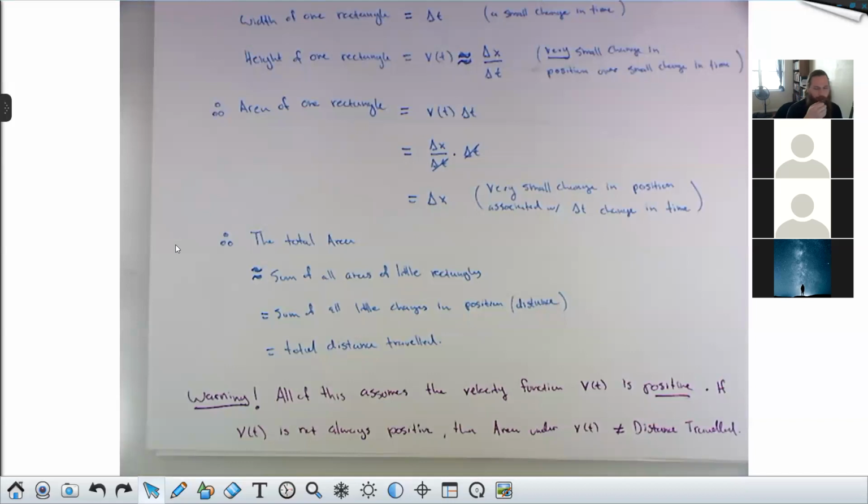And if you tried to apply this technique to that velocity function, you would get zero out. And so certainly that doesn't make sense, right? If I go somewhere and come back, I have traveled a definite distance, a non-negative distance. But the area under the velocity curve would come out to zero. I'll explain why that's the case, again, in section 5.2.